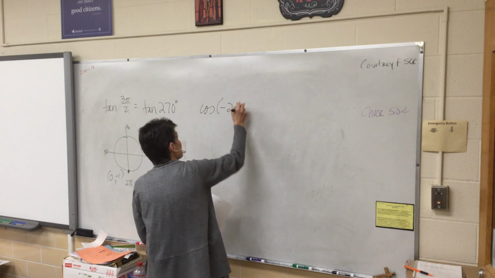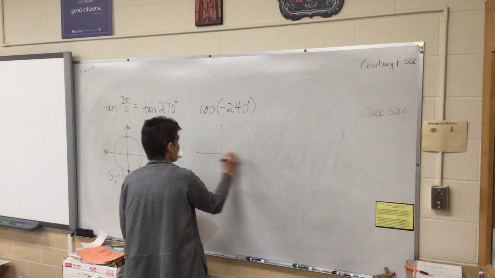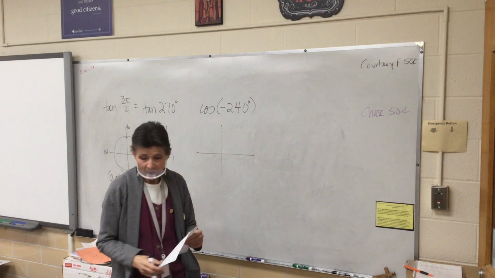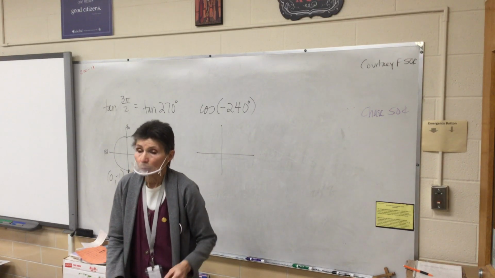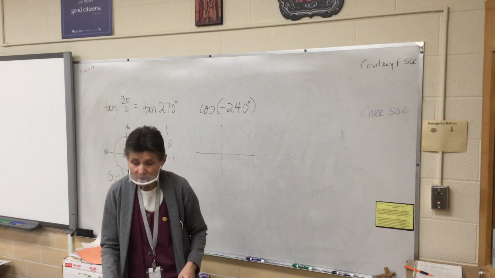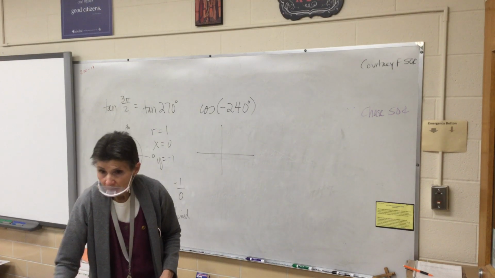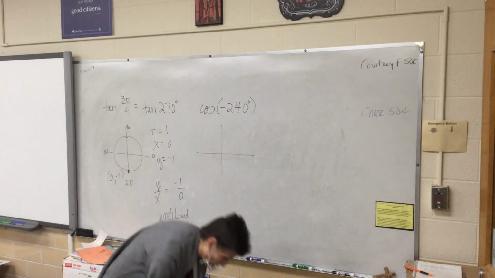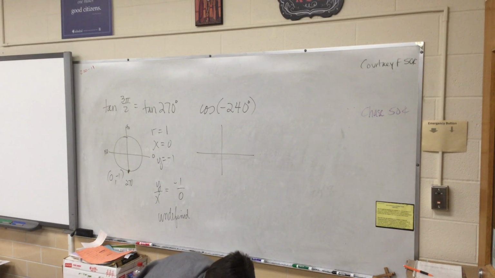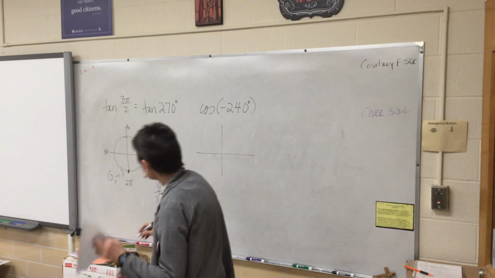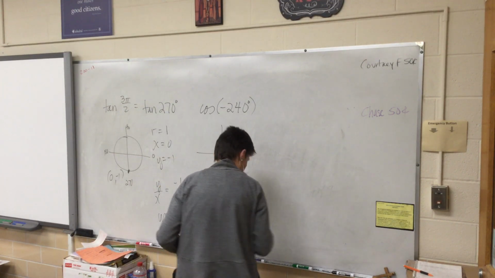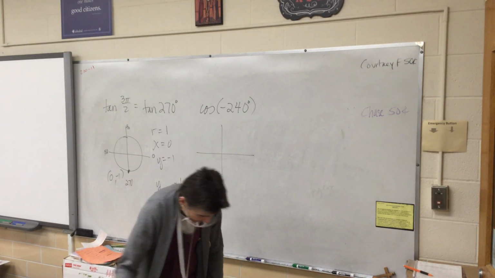All right, cosine of negative 240. This one's already in degrees. And this one's not on an axis, right? So where is negative 240? Well, pay attention now. It's negative.